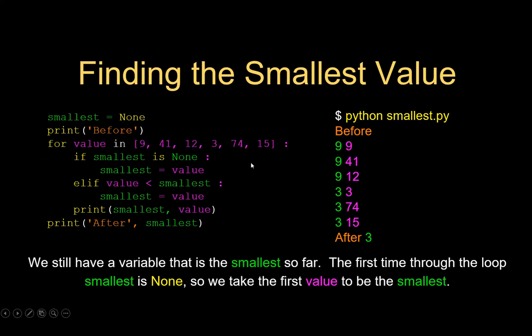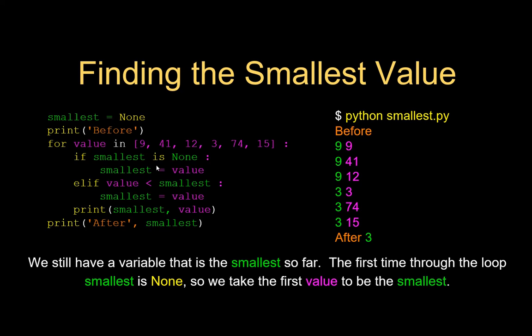We're going to print "Before" as output here. Our loop is going to run through this set, and if smallest is None, let's see what "is" means. "is" is stronger than the equal sign, and when we talk about the equal sign, we talk about double equal.